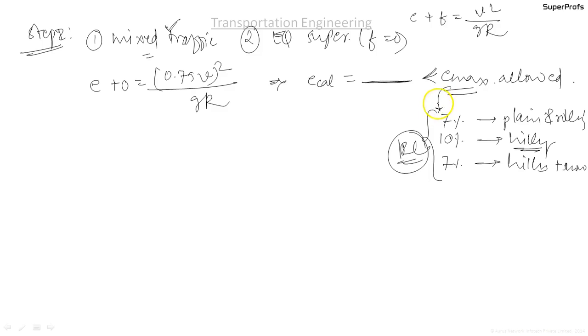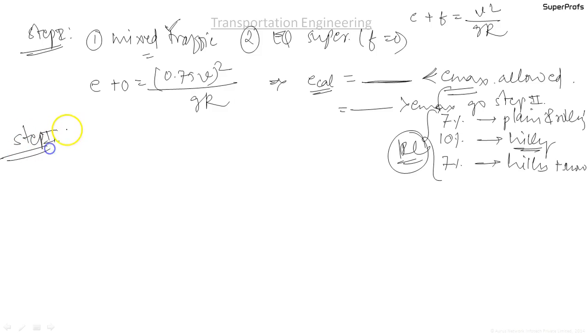Fine. So if it is less than Emax allowed, then go for the calculated E value. If the calculated E value is greater than Emax, then go to step 2.